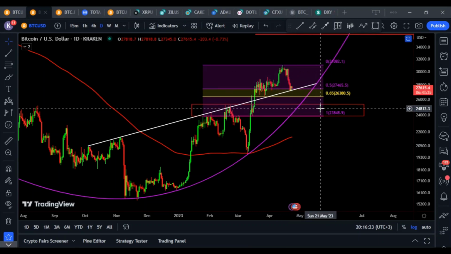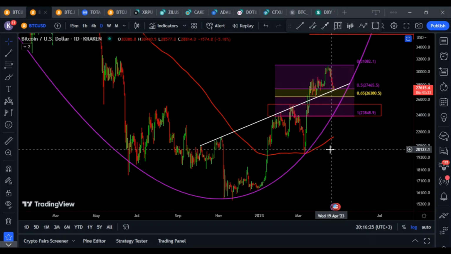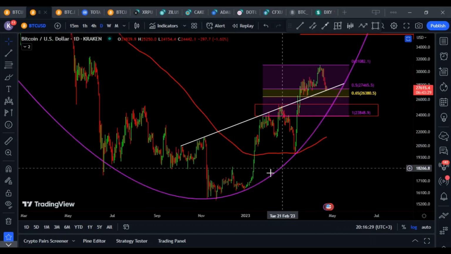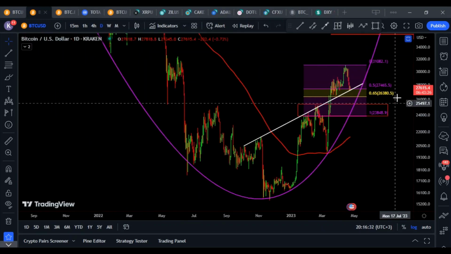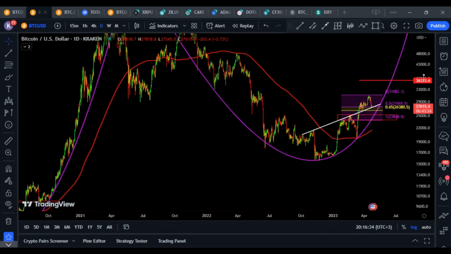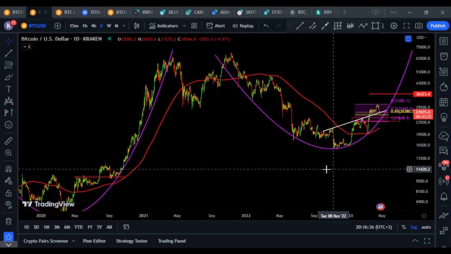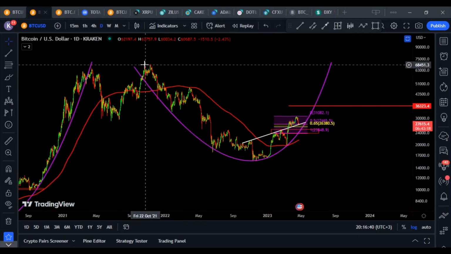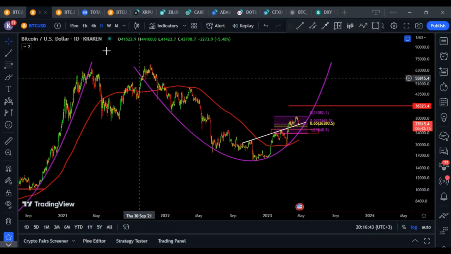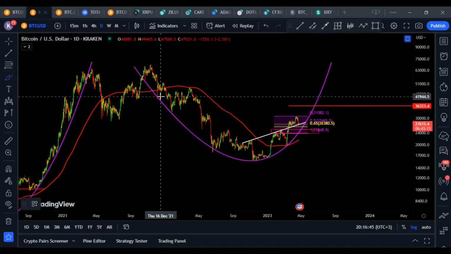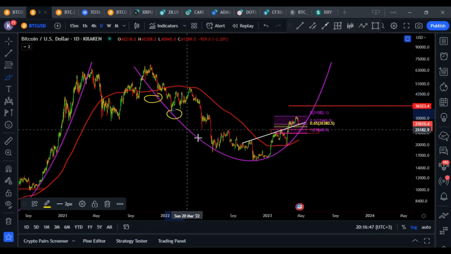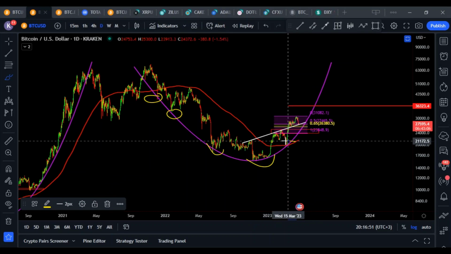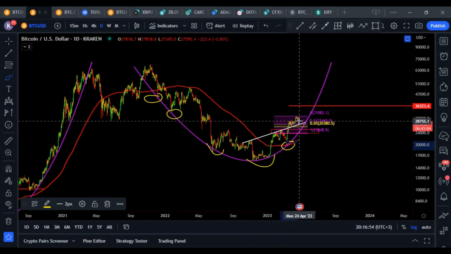And to add things and to go a little bit macro and show you something very beautiful, notice this purple curve, and I shared this on Twitter as well today. Notice this huge curve, which is going with us ever since the last all-time high. It was tested here, supported us here around this area, supported us all the way to the bottom, tested here and supported us, and now we are trading here.